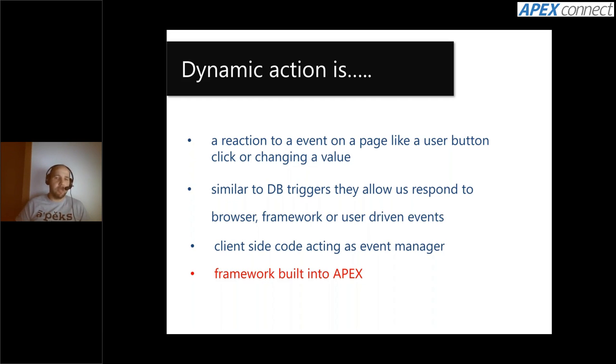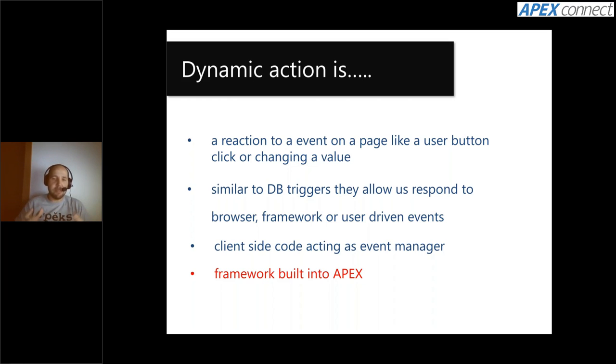What action are we going to execute after we caught that something was happening? We can do a comparison to database triggers, so it's similar because they allow us to respond to events that happen either in a browser or a framework, or maybe as I showed you, they could be user-driven. I like to think of it as event managers, because managers are popular these days.